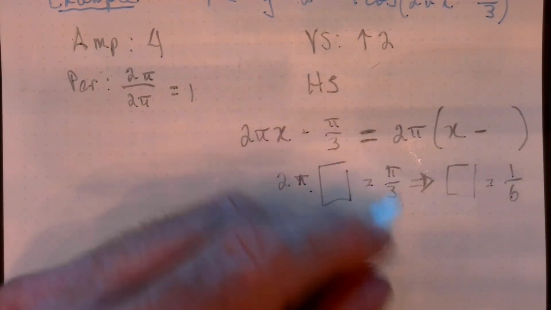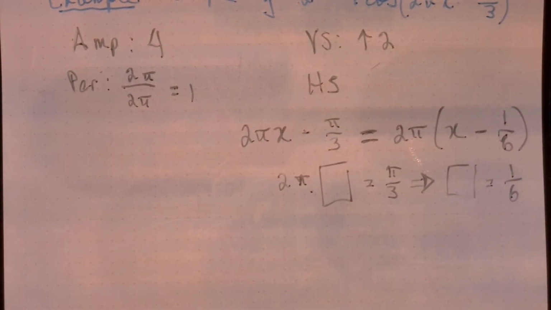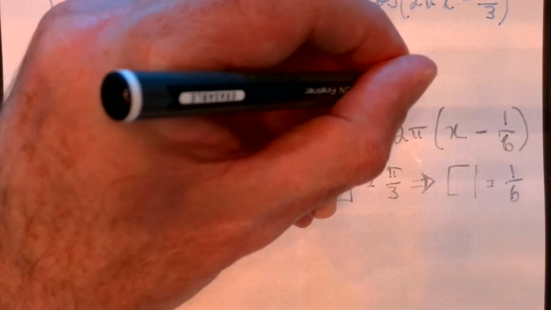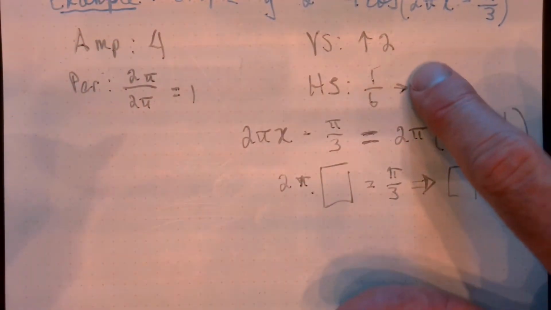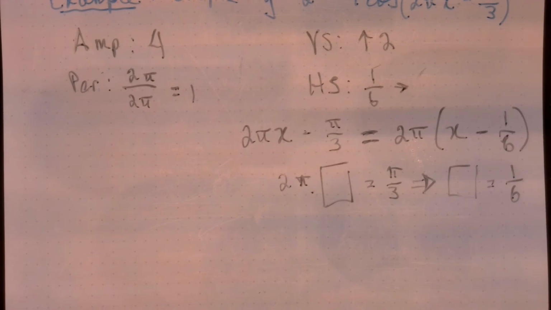Take this, divide by 2 pi. So x minus 1/6. Okay, so the horizontal shift is 1/6 to the right. I'm just drawing little arrows to indicate the shifts.